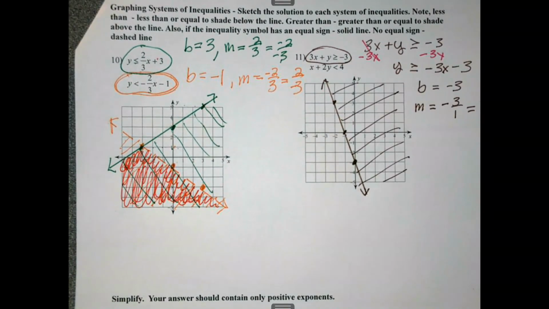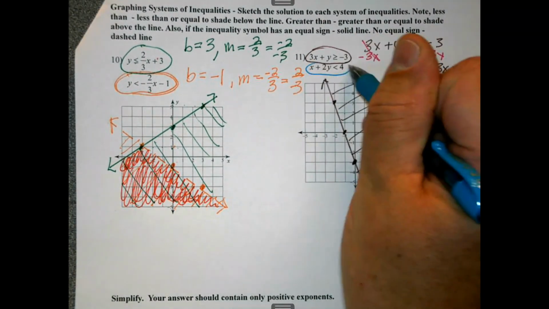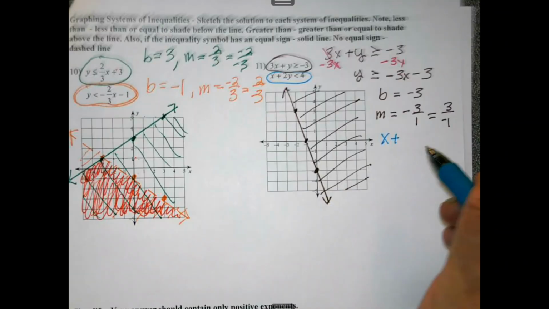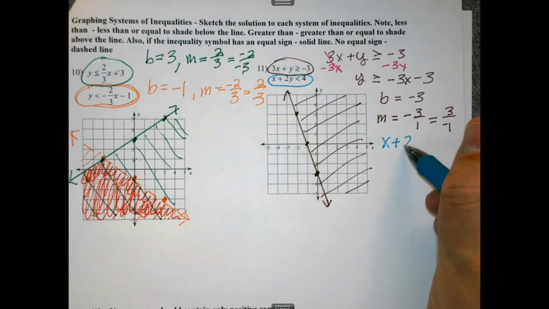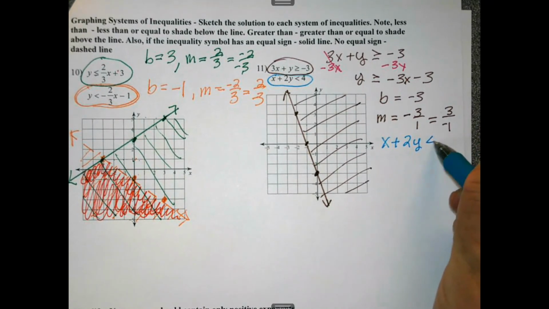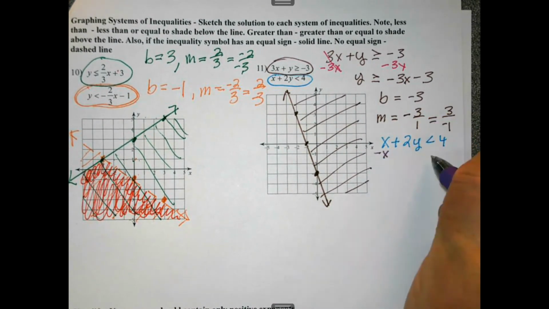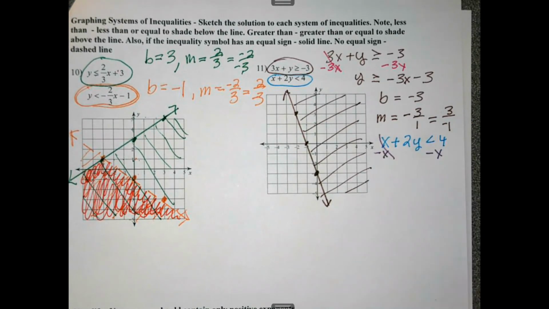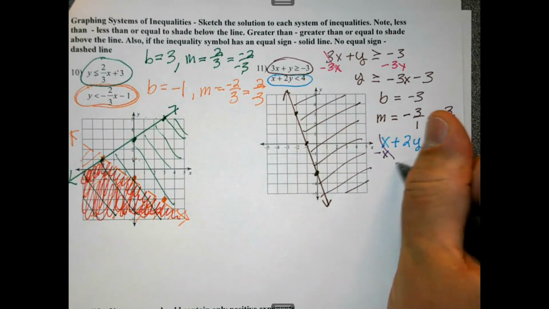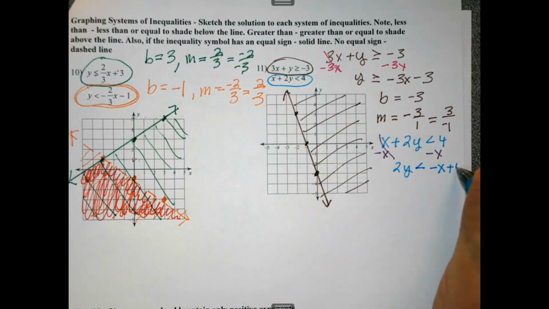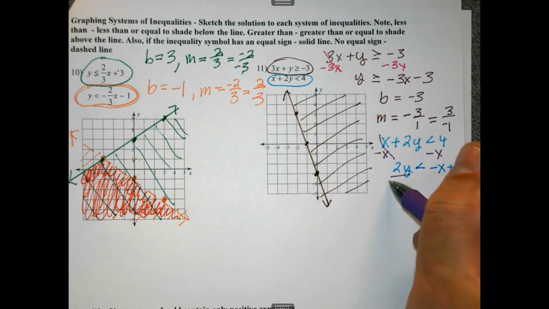Okay, do the same thing with the bottom one. So x plus 2y is less than 4. Subtract x from both sides. I get 2y is less than negative x plus 4. Divide every term by 2.